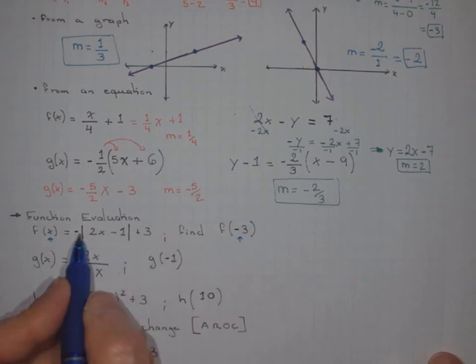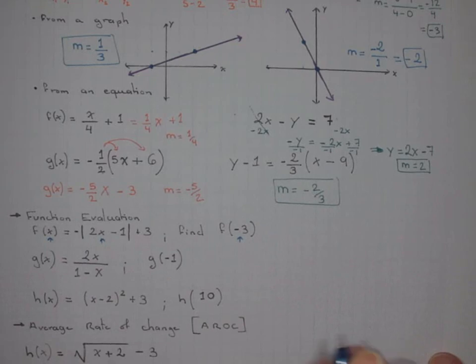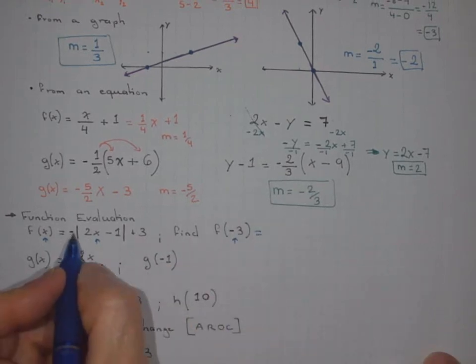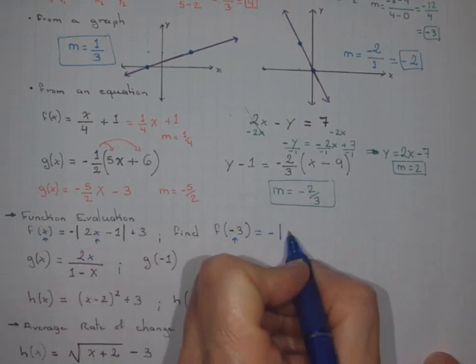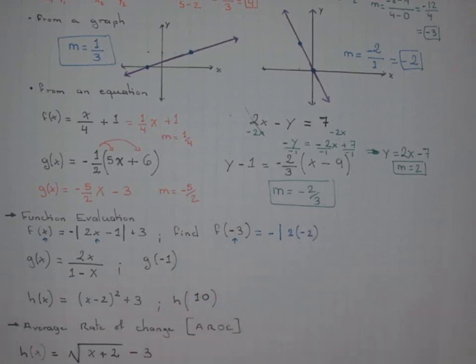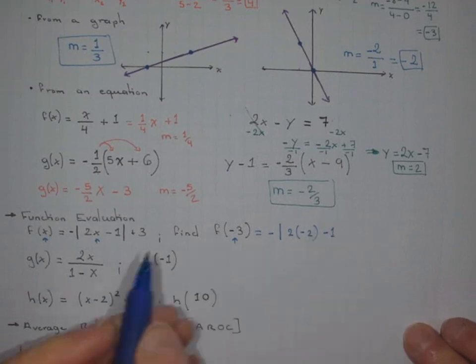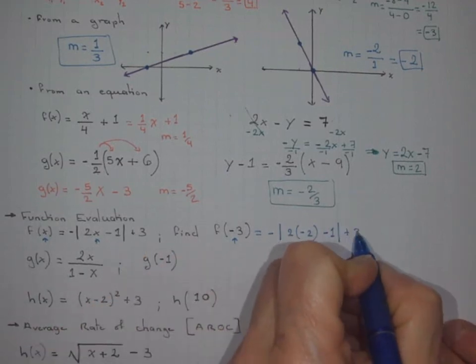So same thing on the right of the equal, wherever we had an x, we're going to substitute a negative 3. So f of negative 3 is equal to negative absolute value of 2 times x, but my x is now negative 3, so 2 times negative 3 minus 1, then close the absolute value and plus 3.